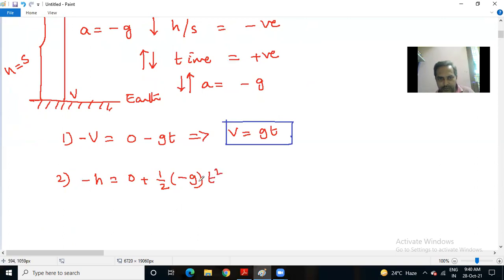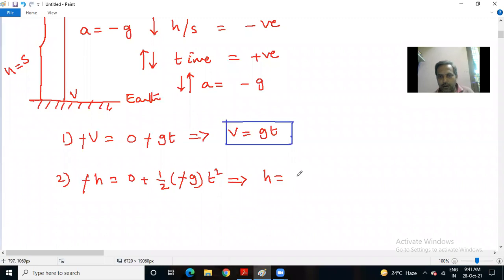T is permanently positive, T square. So this minus and minus cancel. Then this equation is h equal to half gt square.